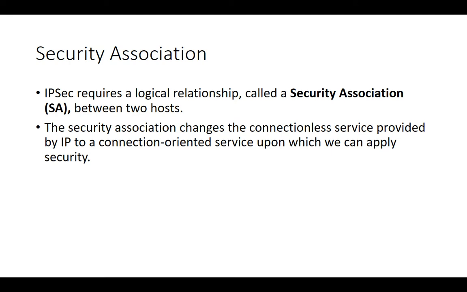If those two want to communicate with each other, then they need a security association, which shows a logical relationship. Again, as we have already talked, a security association changes the connectionless service provided by IP to a connection-oriented service upon which we can apply security. This part I have already talked about in every lecture of your IP security class.